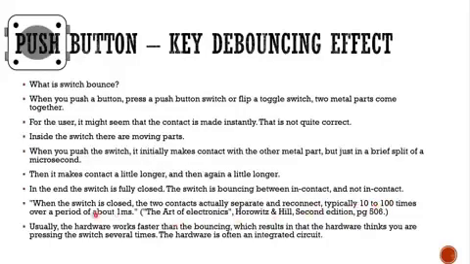So the period for this to happen is around 1 millisecond. Basically, within 1 millisecond, the switch can vibrate and make contact from 10 times up to 100 times. Hardware works faster, but because of the bouncing effect, the hardware, whether it is a microcontroller or an IC, will think that the vibration is actually a signal coming from the user.